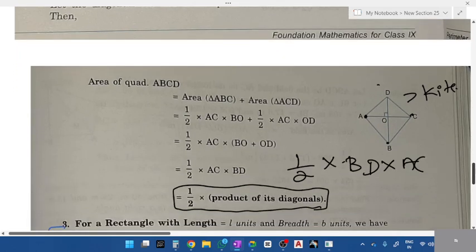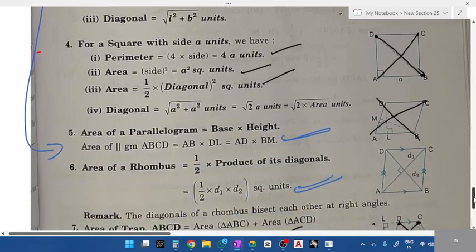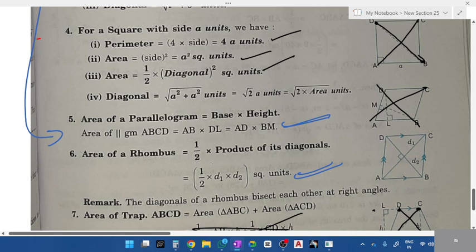And look at this formula, kite. So three diagrams have almost the same formula. This one, these two, and what is the other one we studied? Half into product of diagonals. Which is the other one? Rhombus. Can you see rhombus? Even rhombus also has the same one, right?